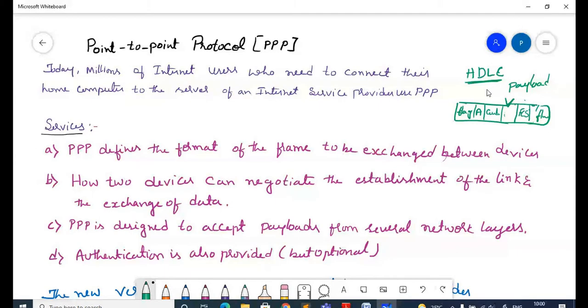Whenever the data link layer is forming the frame, ambiguity arises in case the flag pattern is a part of data. To indicate that this is not the end of the frame, this is a part of the data, you are going to add one extra bit to overcome that conflict.